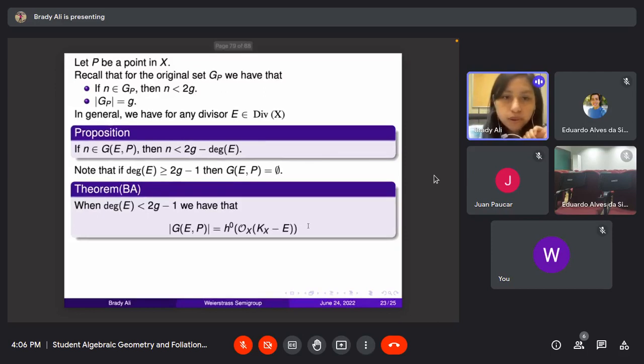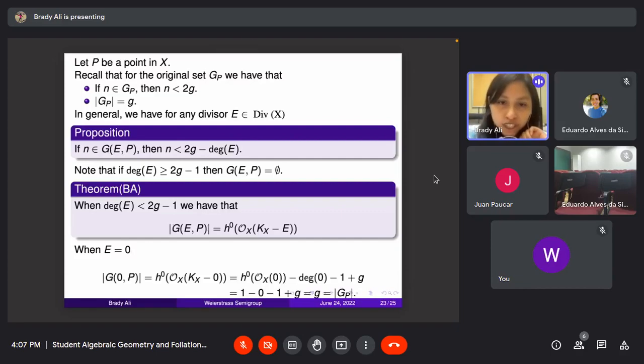Okay, so when E is equal to 0, the definition G_E^P is equal to the set of gaps G_P. So if this theorem is correct, it should also satisfy the Weierstrass Gap Theorem.